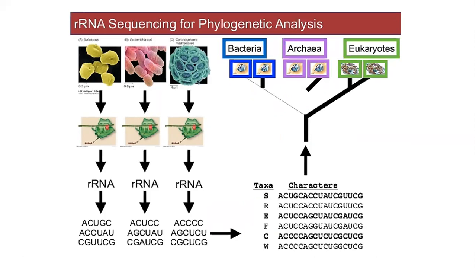Basically, ribosomal RNA sequencing is used for phylogenetic analysis and classification among the forms of life. Here, the rRNA sequences differ from each other, and on the basis of this difference, the taxa are generated, where these domains are separated.